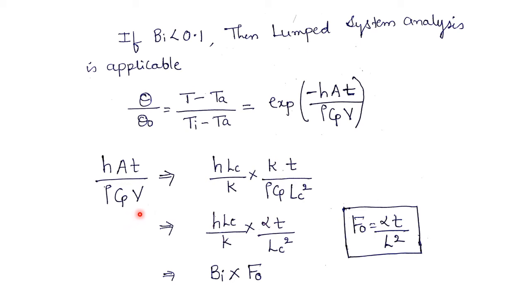Without making any alteration in the equation, I am going to write it as H into LC divided by K, into K divided by rho into Cp, into T divided by LC square. If we simplify this equation, we get the same equation only. Here K cancels, and this LC and this LC cancel.